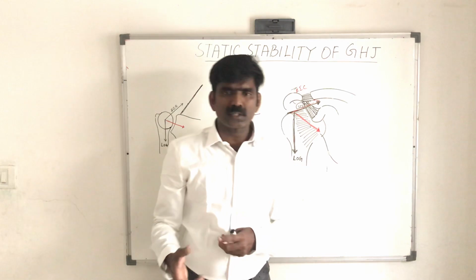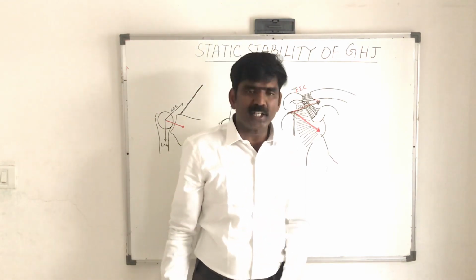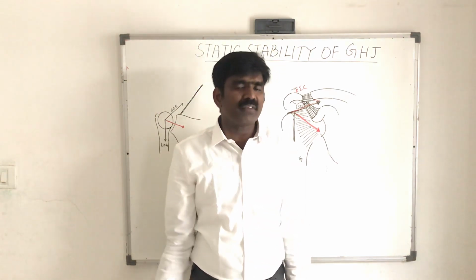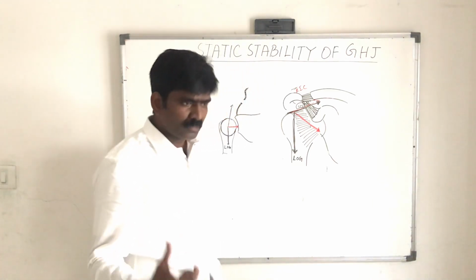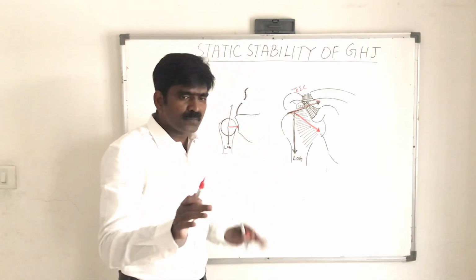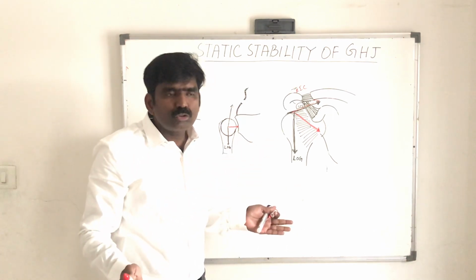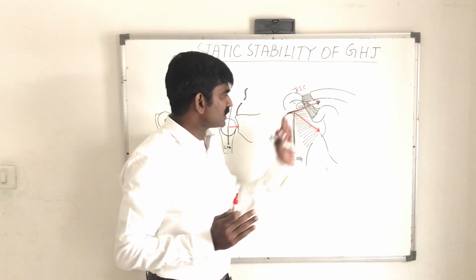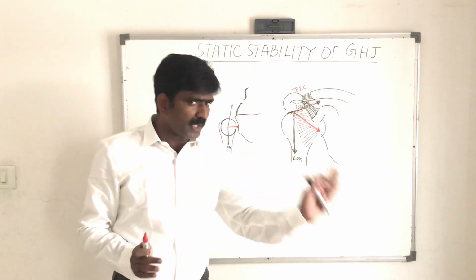Second condition is, if you are carrying a weight in your extremity, then the passive tension in the RIC is not enough to maintain the static stability of the glenohumeral joint. Clear?